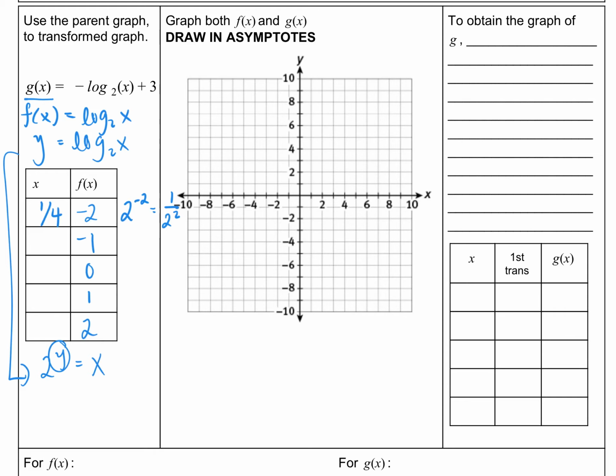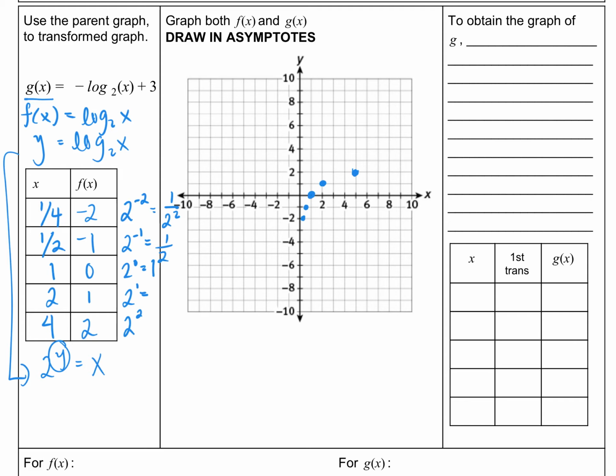And if I have 2 to the -1, it's 1 over 2 to the first power, which is just 1/2. 2 to the 0. Anything to the 0 power is 1. 2 to the first is itself. 2 squared is 4. So then that's going to help us get our graph, and it's going to give us these points that are on the graph.